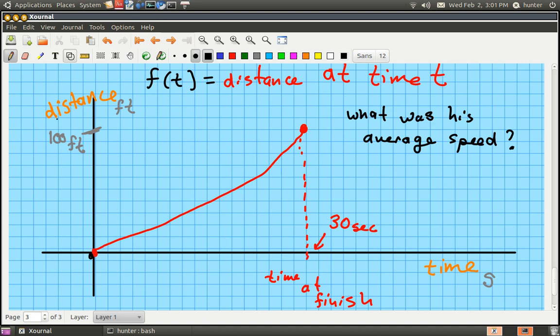So what does that have to do with this picture? This picture is a graph of distance, so distance is the output and time is the input. What average speed means graphically, in terms of this picture, is the slope of this line.